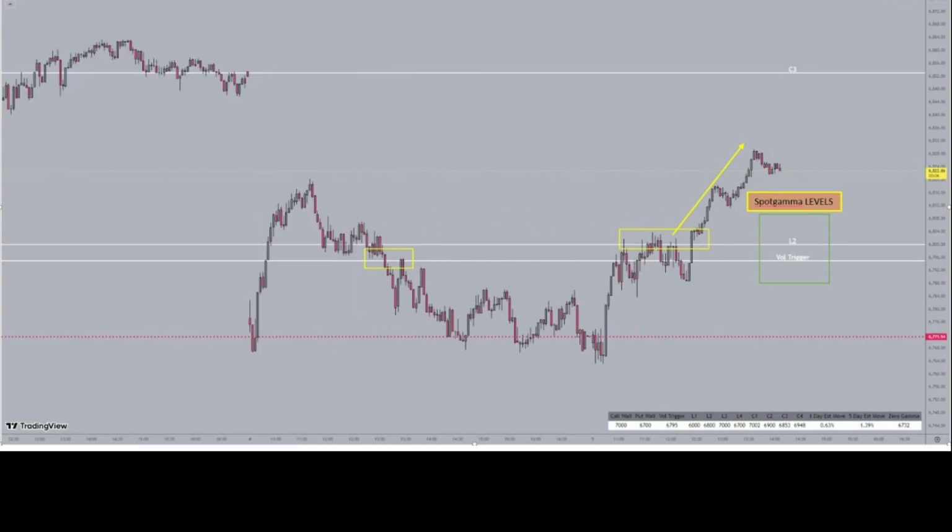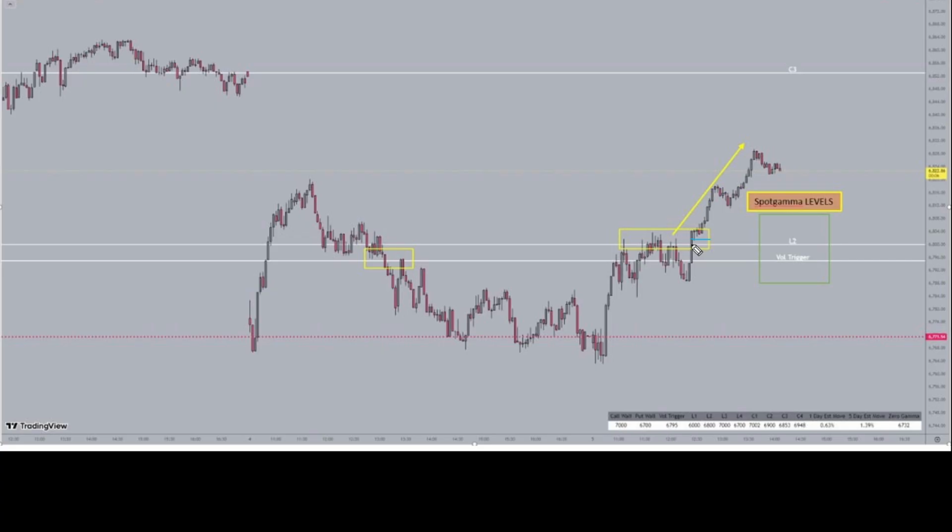Okay. Here, as I said, price went down. After this, price broke the volatility trigger and L2 and made a little pullback.